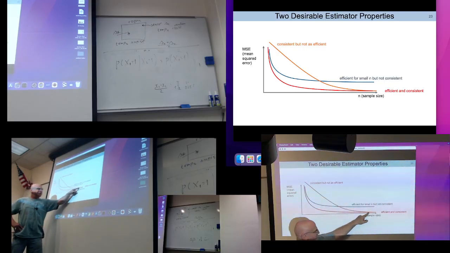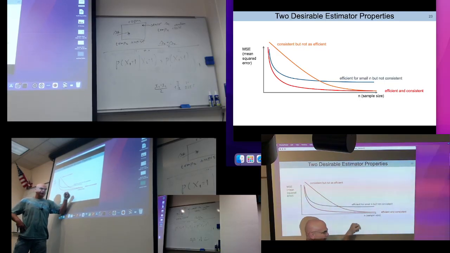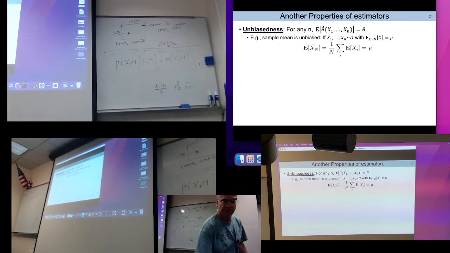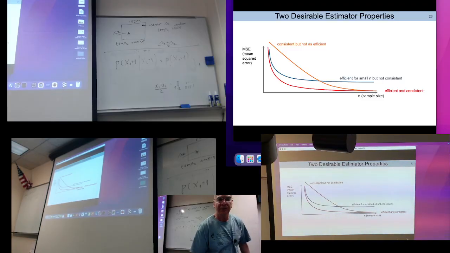This one will go to 0, which will mean, I have an animation here, and we'll return to it, that it's possible that some estimator is going to the real value very fast, so it's both efficient and consistent. We will also see that it's possible that we are going down to 0, but very slowly, so it's not really efficient.